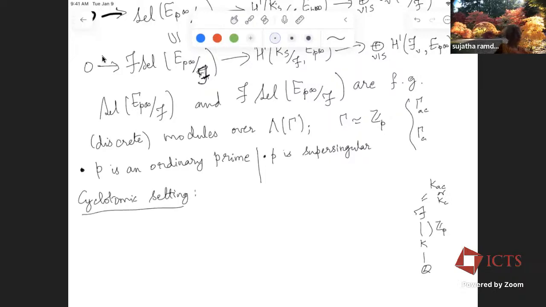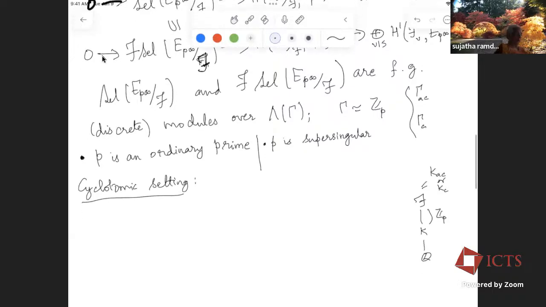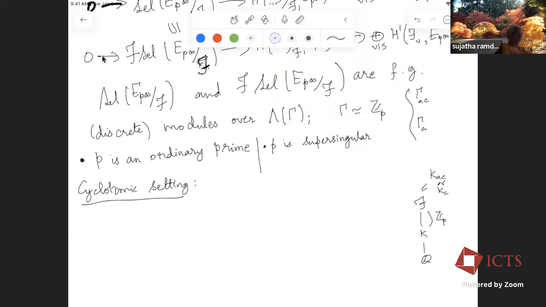So I'm going to take the dual because I want to work with compact modules. So I'll write co-finitely generated when I'm working with discrete, but the compact modules will be the ones that are finitely generated. So I'll put X cyclotomic E over F. This is the dual, Hom, of the Selmer group of E_P^∞ over K cyclotomic.